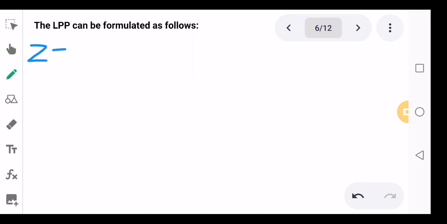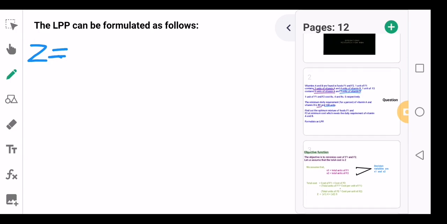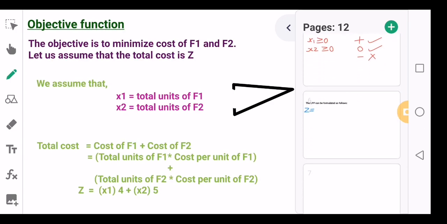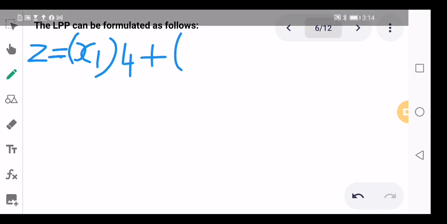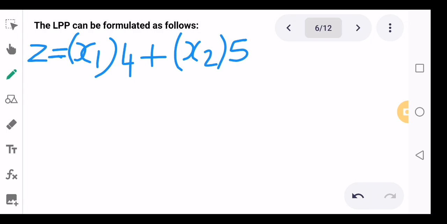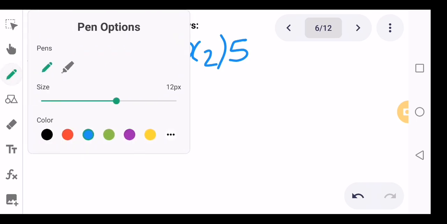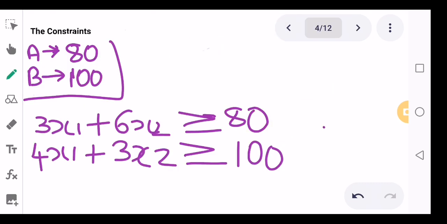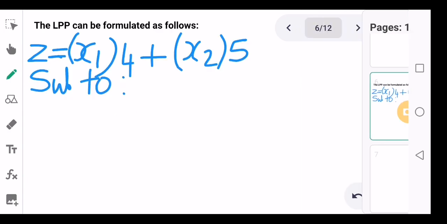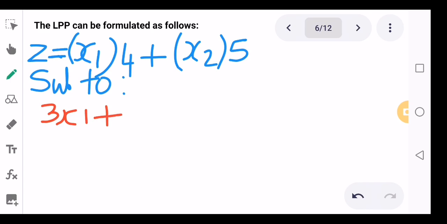Your total cost, that is, minimize Z, which is equal to x1 into 4 plus x2 into 5, subject to certain constraints, which are 3x1 plus 6x2 greater than or equal to 80.